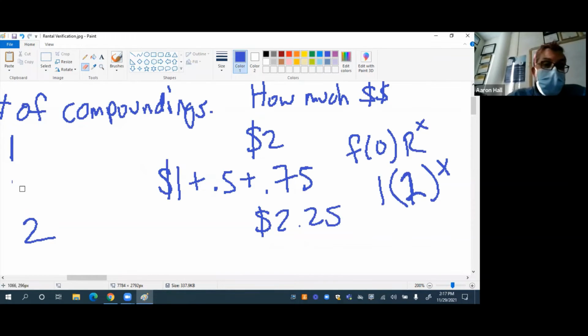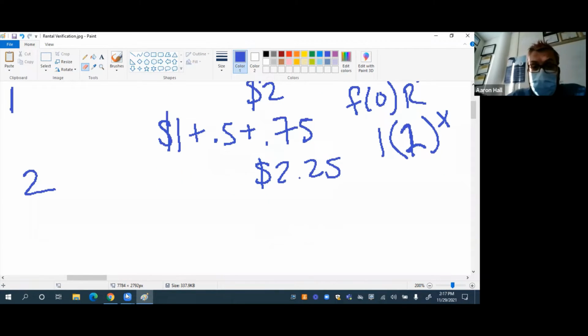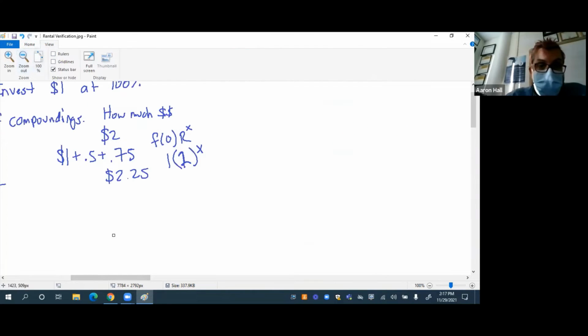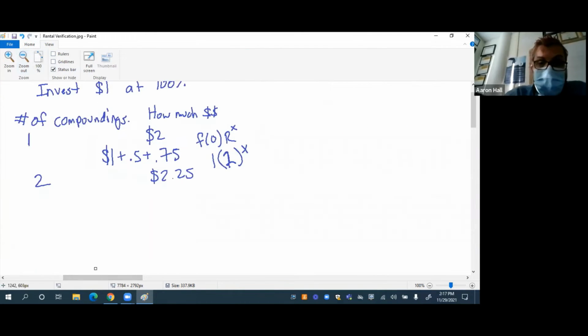Now I'm going to give you the equation for how to figure this out. The equation for compounding multiple times is this.